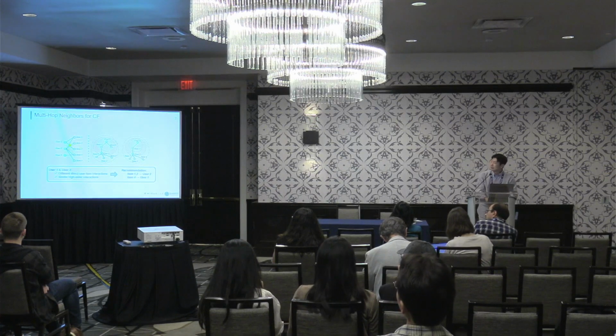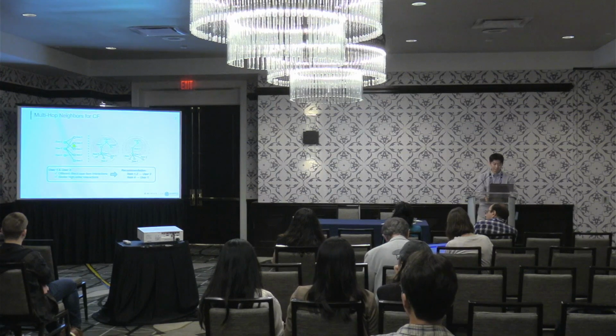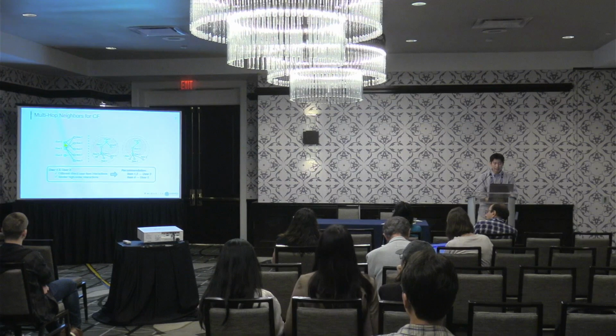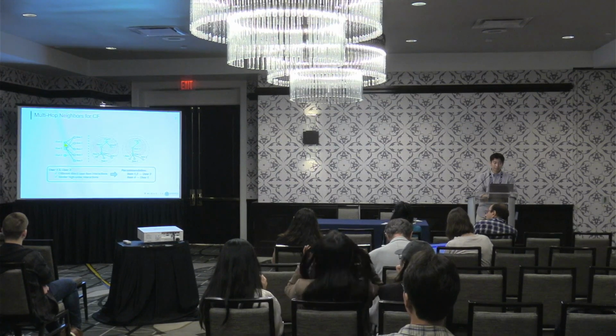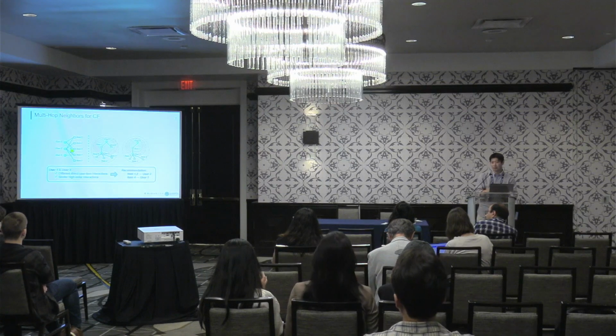The figure on the left is a user-item bipartite graph. As we can see, on one side is a set of users, and on the other side is a set of items, and there are connections between them. For each target user, we can find its high-order interactions by exploring its multi-hop neighbors along the paths in this bipartite graph.